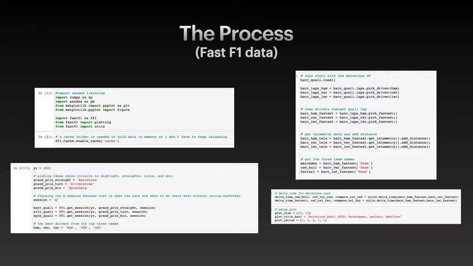I found the Fast F1 data set. It also comes with a Python package that includes a few built-in functions that are very helpful for analyzing this kind of data.